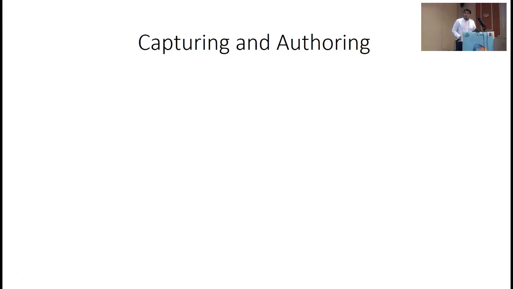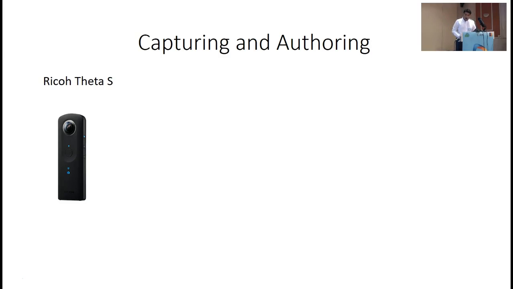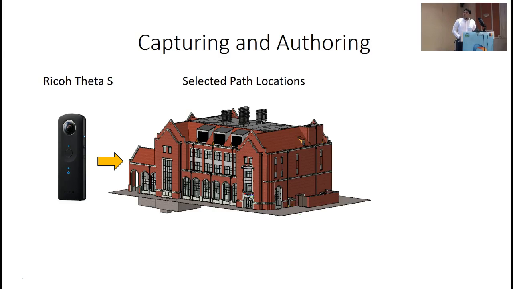To achieve this, we used our 4-step process, in which we took our Ricoh Theta S camera into the job site. We selected several locations where we could create a path, so we could create a tour within the job site. We placed the camera in the different spots and captured the images.